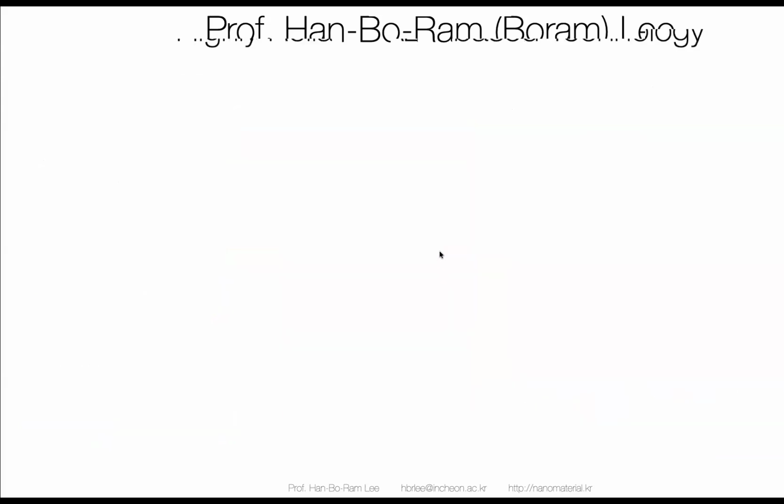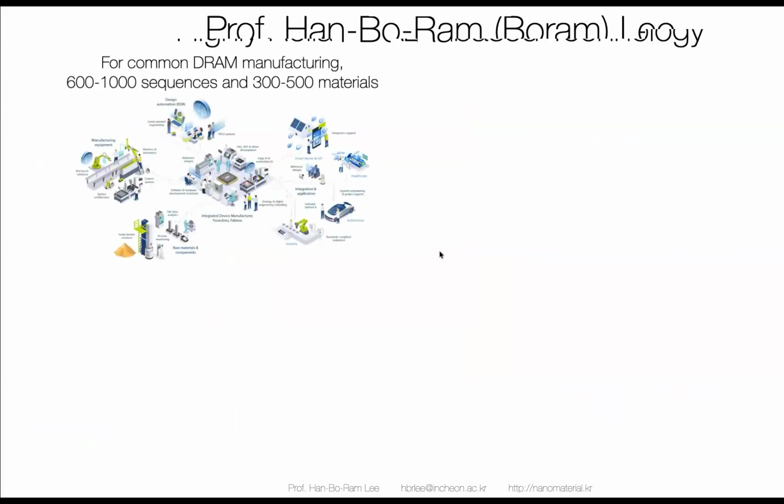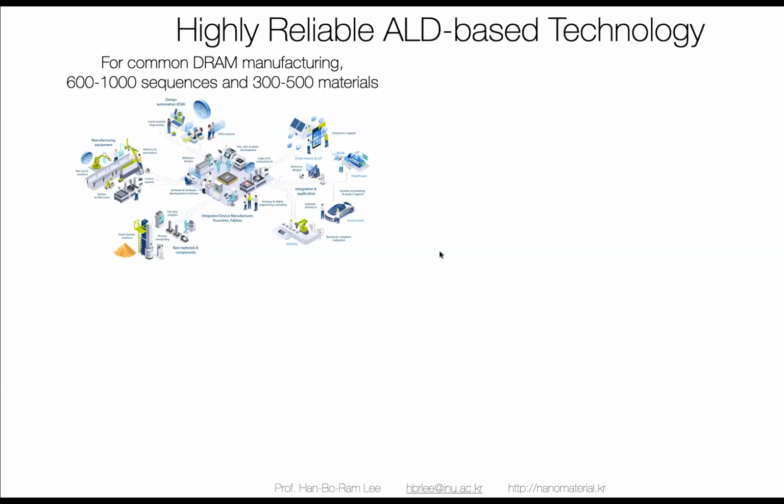So why ALD-based technology? As you know, the semiconductor fabrication process is the most complicated process humans have made so far. Basically, 600 or 1,000 sequential steps are used for making DRAM devices.